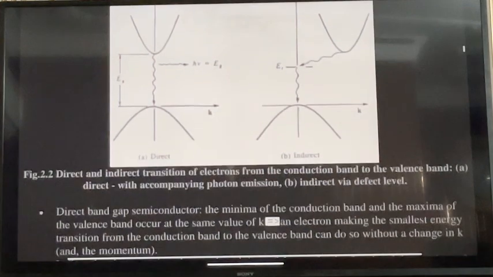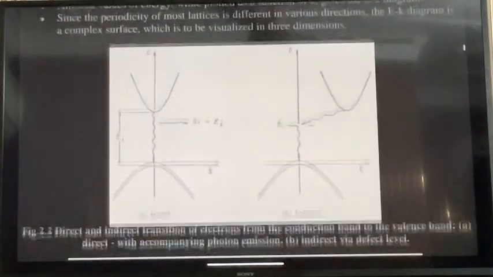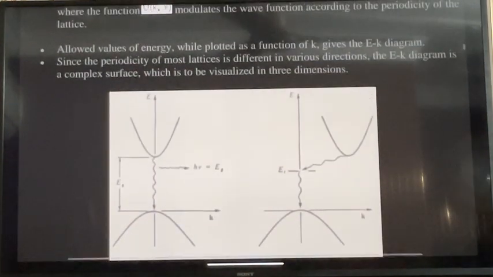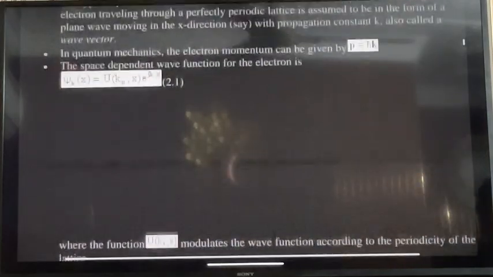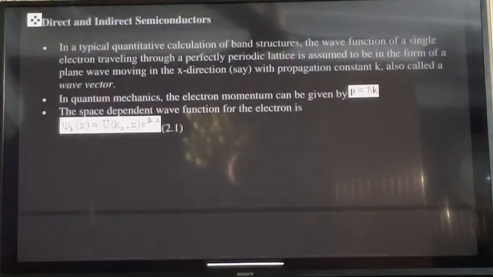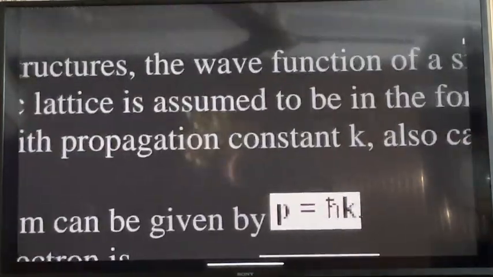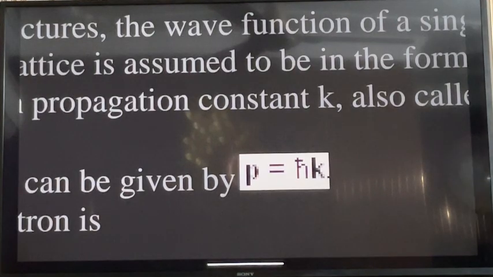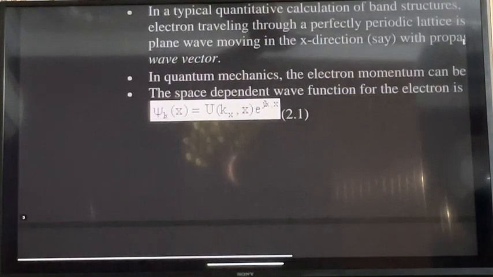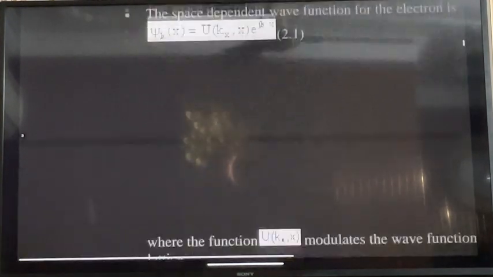Now this is actually a very important diagram to see and analyze. Take a look at what is happening. We have this formula for the momentum of an electron, and we have this equation for the wave function.